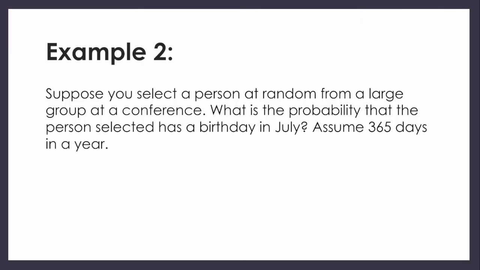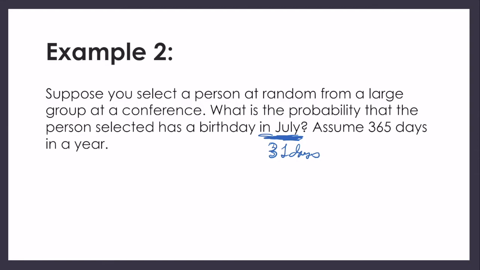Next, suppose we pick a person from a large group at a conference. What's the probability that the person selected has a birthday in July? Assume 365 days out of the year, because leap years complicate everything. So first, let's think about July. How many days are in July? Well, that's going to be 31 days.